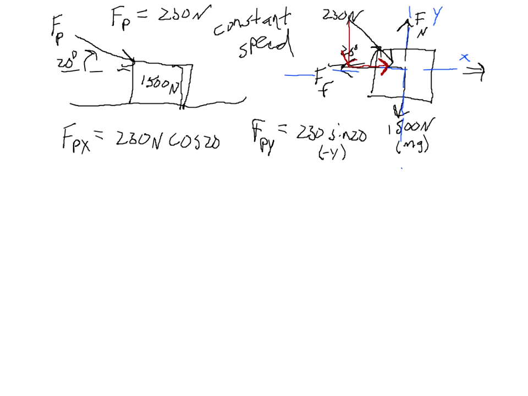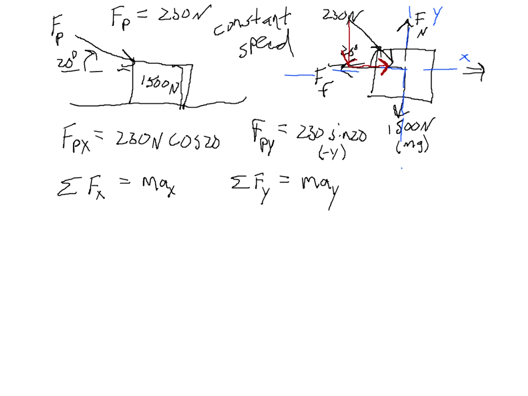Okay, and now that we've resolved all of the forces into their x and y components, we need to apply Newton's second law. Sum of the forces in the x direction is max. Sum of the forces in the y direction equals may.